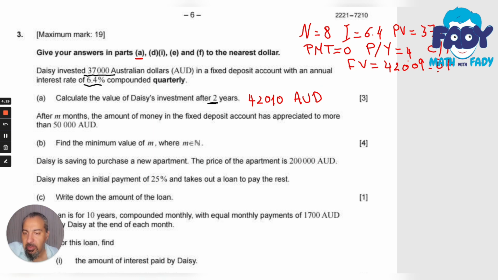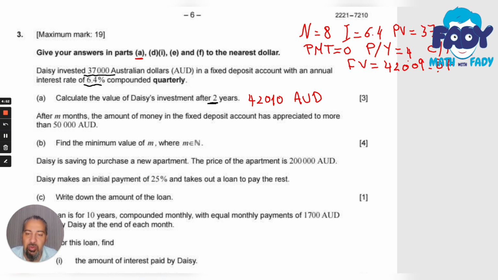After M months, the amount of money in the fixed deposit account has appreciated to more than 50,000 AUD. So after some months, her future value increased to be more than 50,000 AUD.